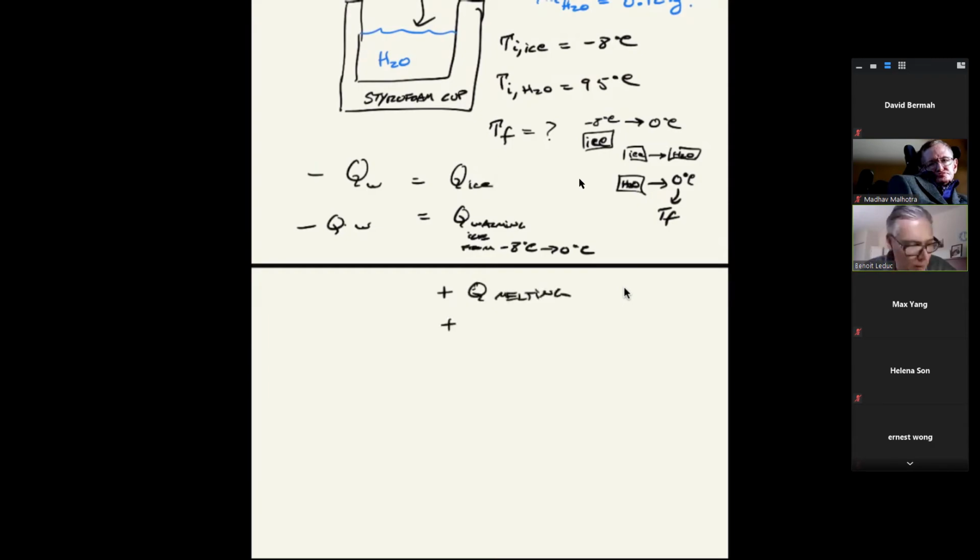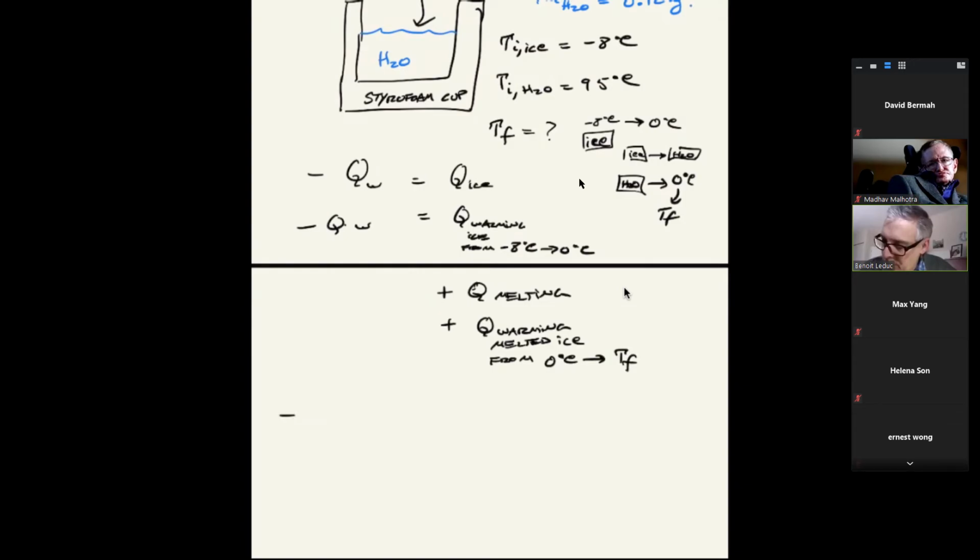And then finally, you have the warming of the melted ice from 0 degrees Celsius to the final temperature.